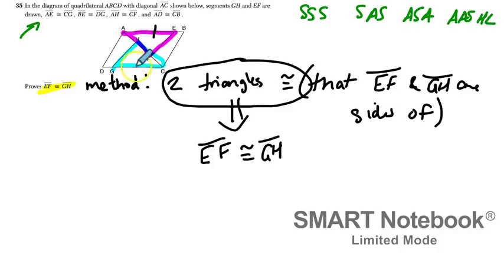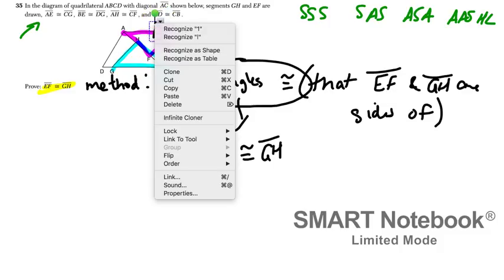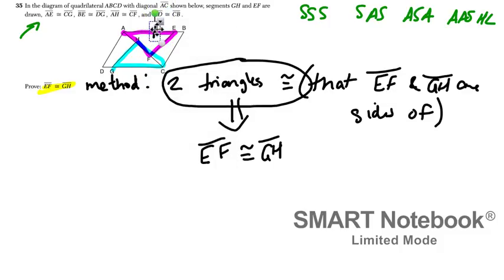So my strategy is, okay, I got this already. I've got that already. Because AH and FC are congruent, I can also say that AF and HC are congruent. So I've got a side, and then I'm going to try to show that these two angles are congruent. I think I have enough here to do that.